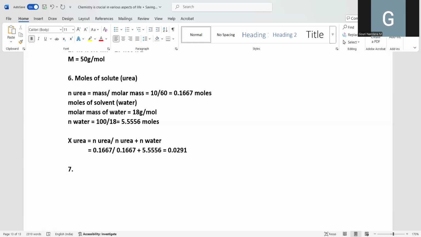So first we need to calculate the molarity of the urea solution. We are going to see the moles of urea. Moles of urea, that is N, is equal to mass by molar mass, like the one we did above. Mass is 8.6 gram, molar mass is 60. 8.6 by 60 is equal to 0.1433 moles.